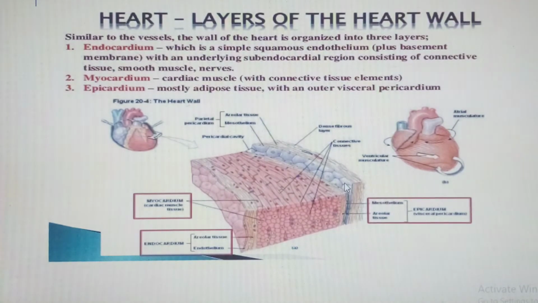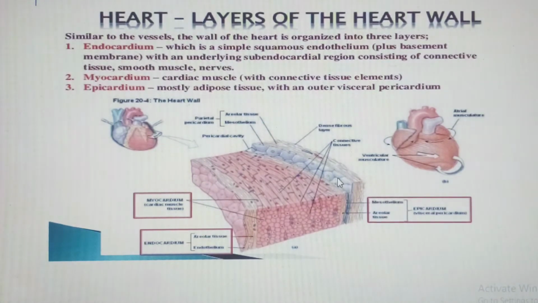And then we also have what we call the epicardium. Epi means above, so epicardium is the outermost tunic of the heart. Now this epicardium, I've told you, apart from having the visceral layer of the serous pericardium, also has a lot of adipose tissue constituting it. So please don't say that it is only the visceral layer of the pericardium that forms the epicardium.